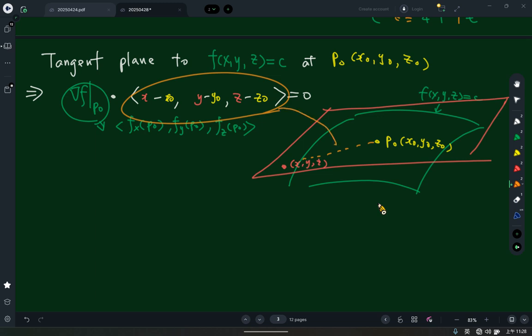This is this one, and the gradient vector is here, the gradient vector at P0. Then they must be orthogonal.